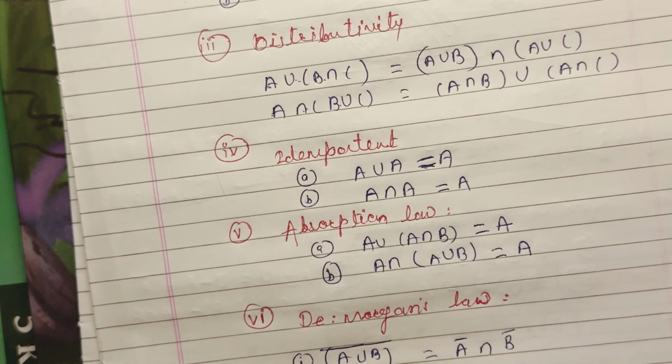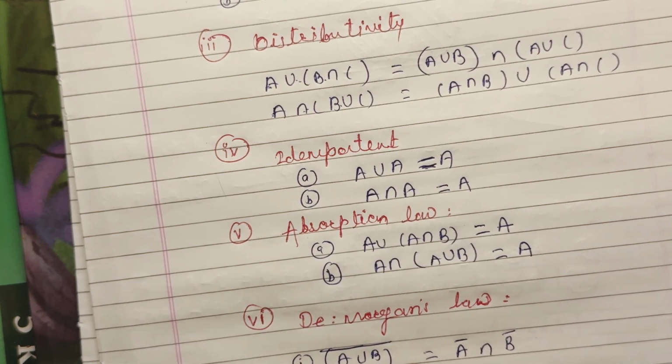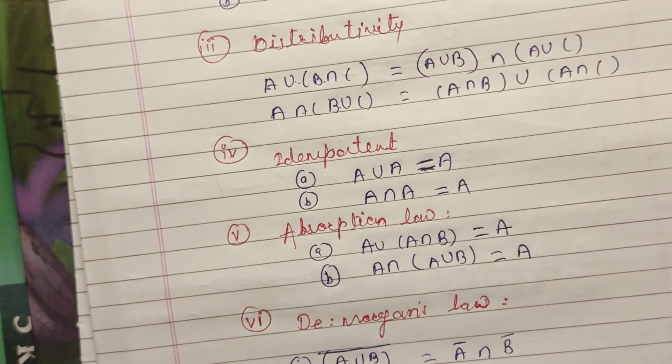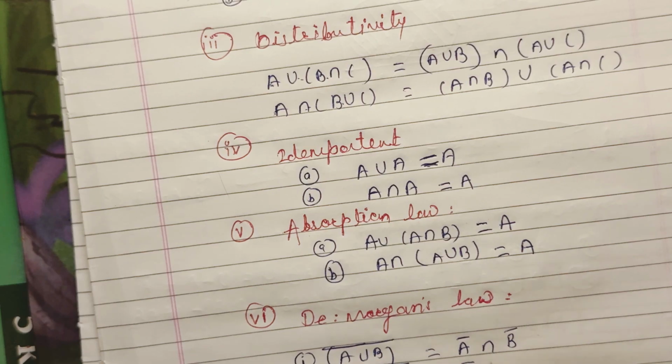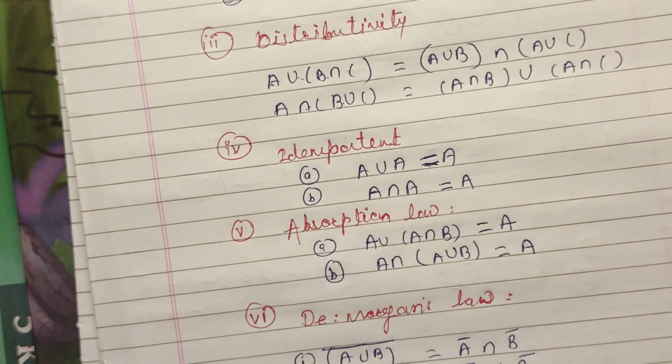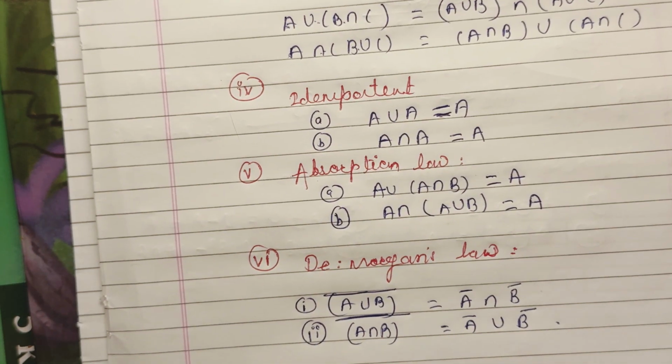And the second De Morgan's law says that A intersection B complement is A complement union B complement. De Morgan's law is very easy, guys.